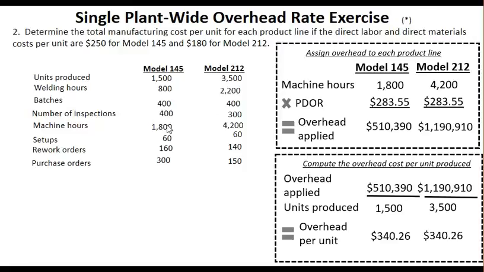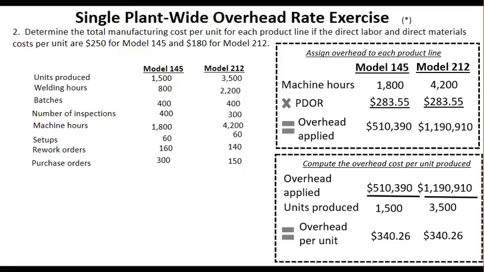In this video example, I've corrected this so the actual units produced, 1,500 and 3,500, are utilized instead of the machine hours. That means if we take those total amounts and divide by the units produced for each model, we come up with an overhead rate of $340.26 for both models, 145 and 212.